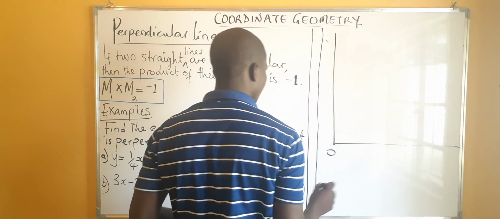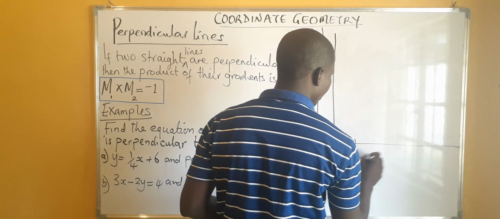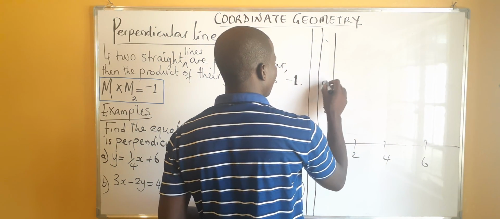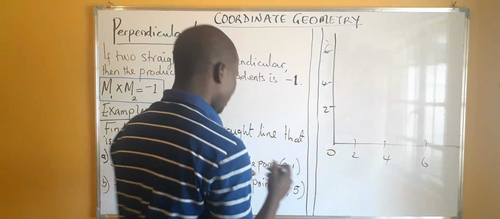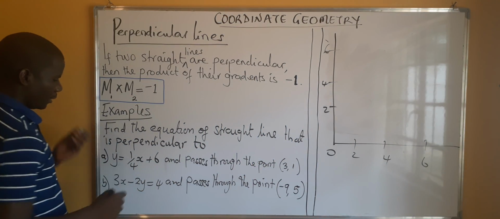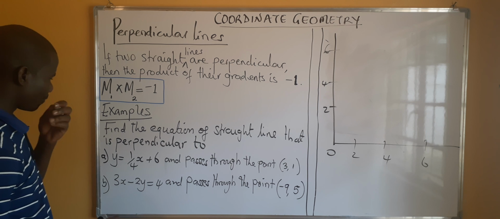This is our 0. We have our 2, 4, and 6 there. Let me try to sketch this equation so that we can have it.